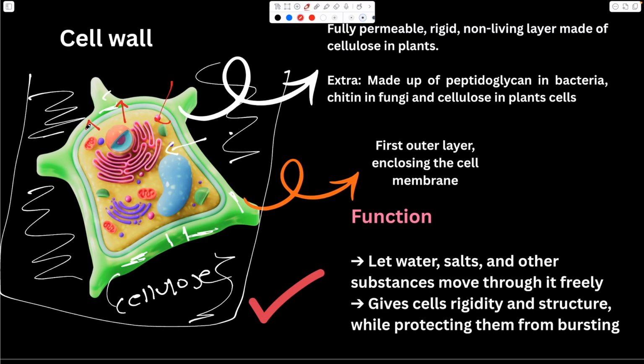However, this cell wall provides the opposite force, so it prevents the cell from bursting. Animal cells don't have this cell wall, so they burst when too many water molecules enter the cell. The cell wall gives the cell rigidity and protects it from bursting.